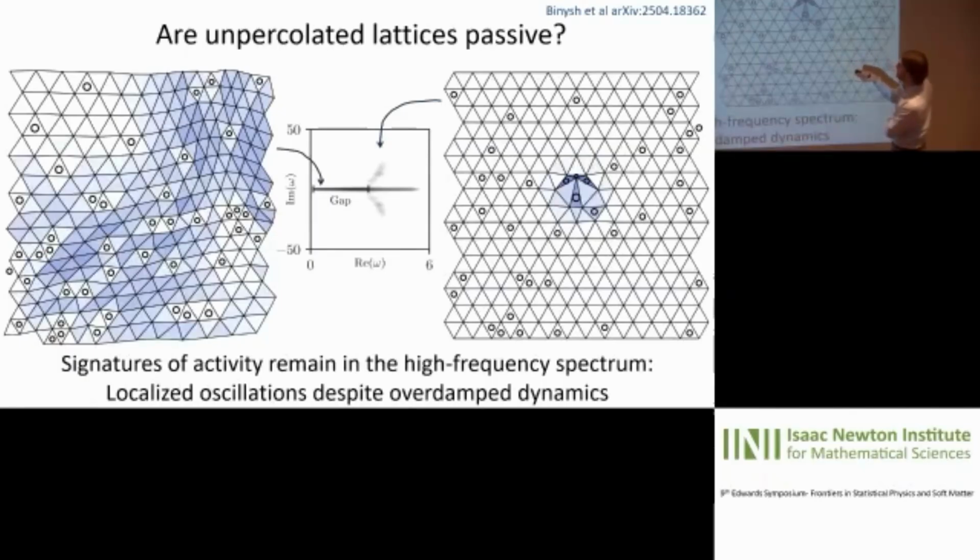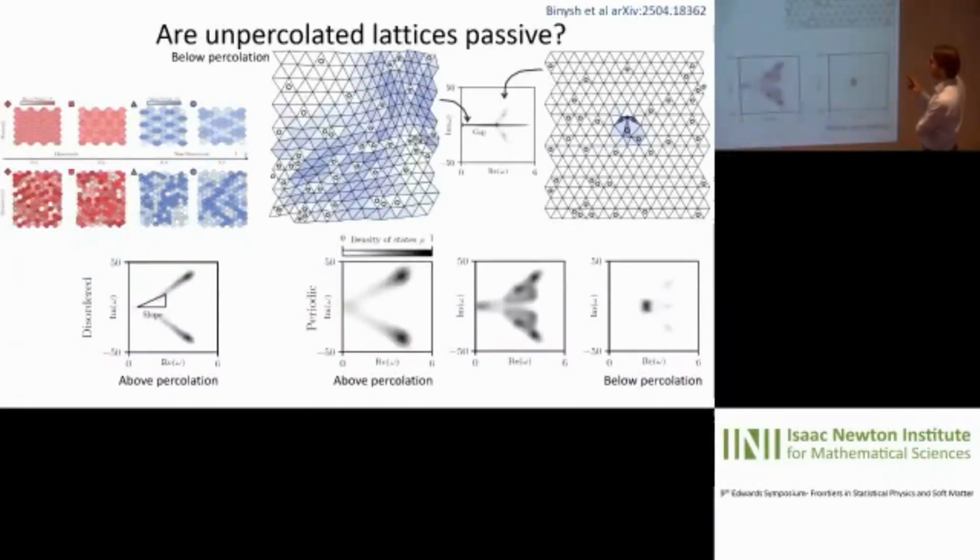And so you can recover a signature of the activity here, but only by looking at higher frequencies. And you can do this. This works just as well in the ordered systems as it does in the disordered systems. It's just that the lobes look more complicated for these optical phonons.